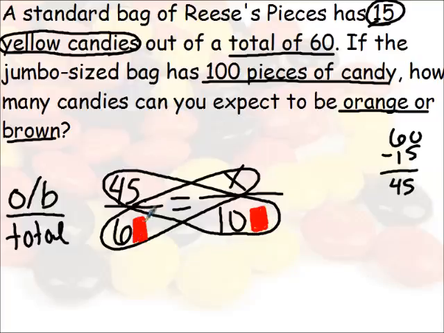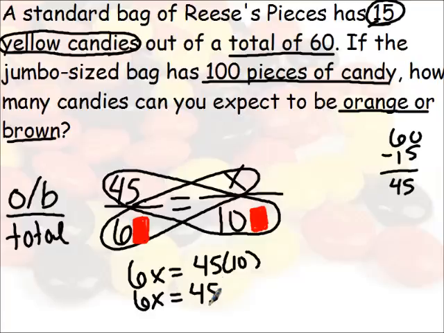So we've simplified 60 and 100 to 6 and 10. And now we can proceed. So we have 6 times x equals 45 times 10, which will give us 6x equals 450.